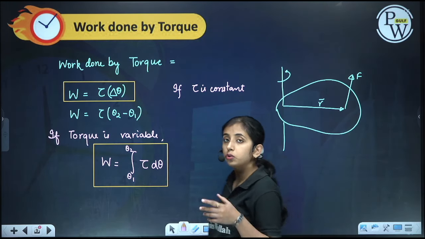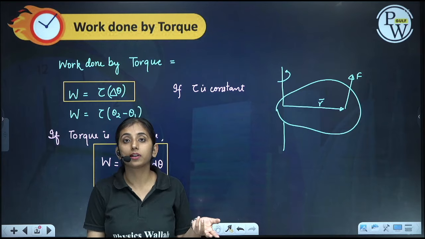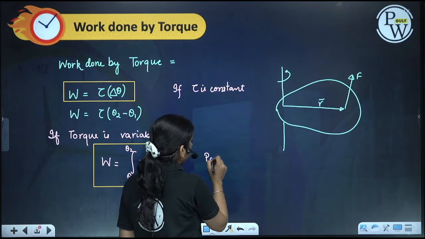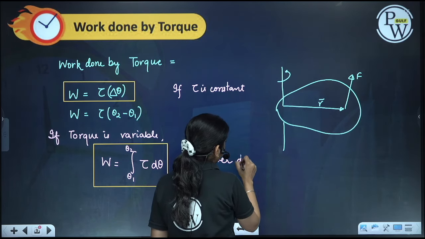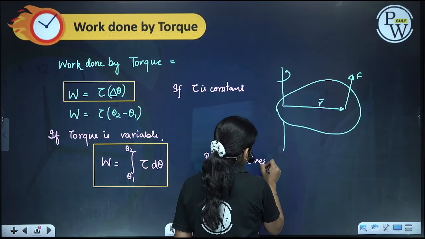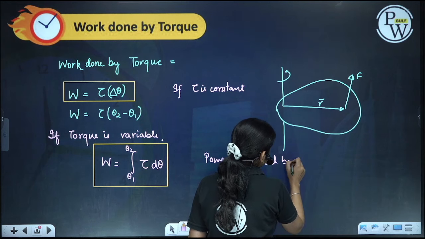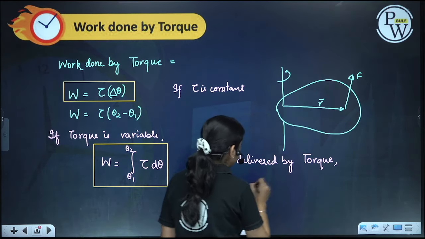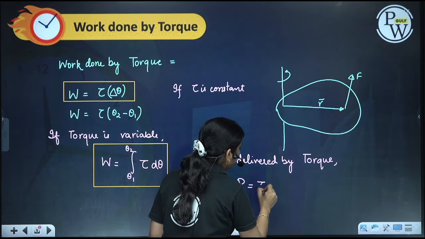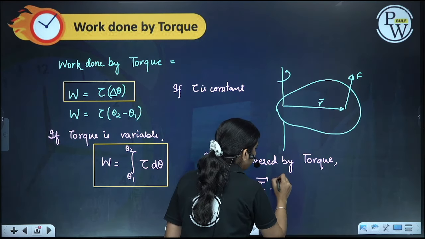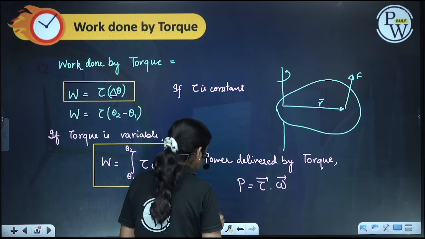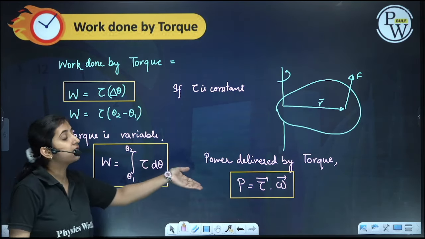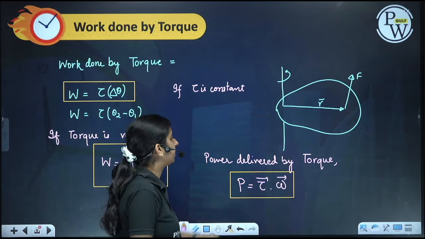Similarly, if you want to find the power delivered by torque, then it will be tau dot omega, the dot product of tau and omega. You can easily obtain this expression if you just differentiate once.